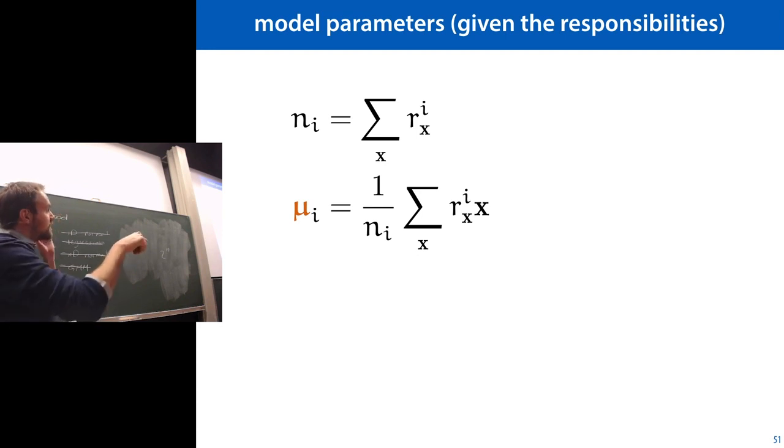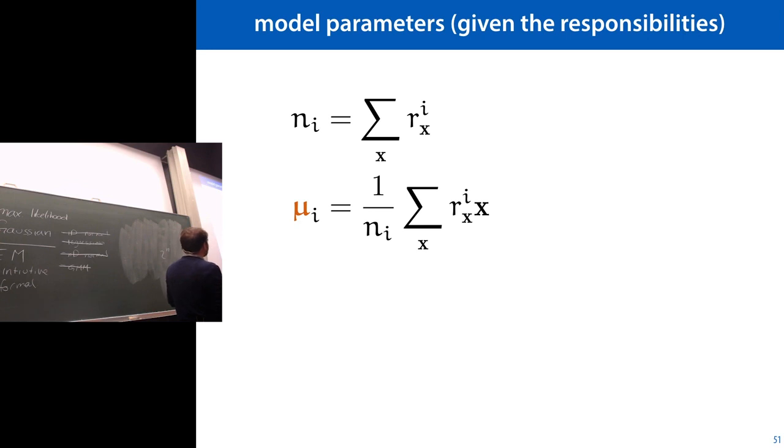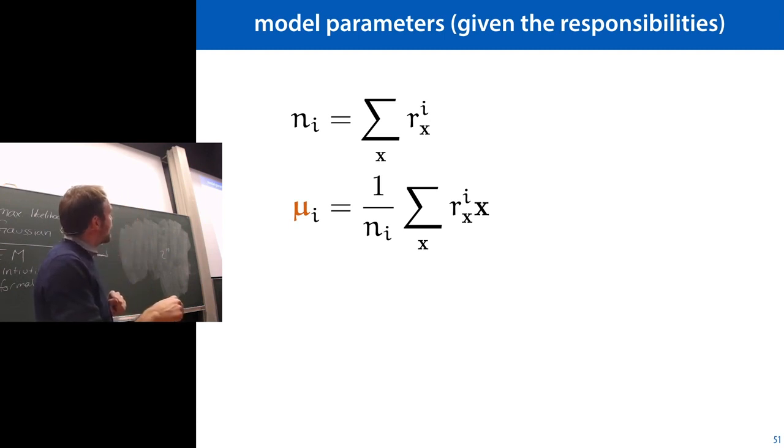So the first thing we do is we sum over all responsibilities assigned by component i, and that's over the whole data set what proportion component i claims, or the number of points that are claimed by component i. And then we take a weighted mean.